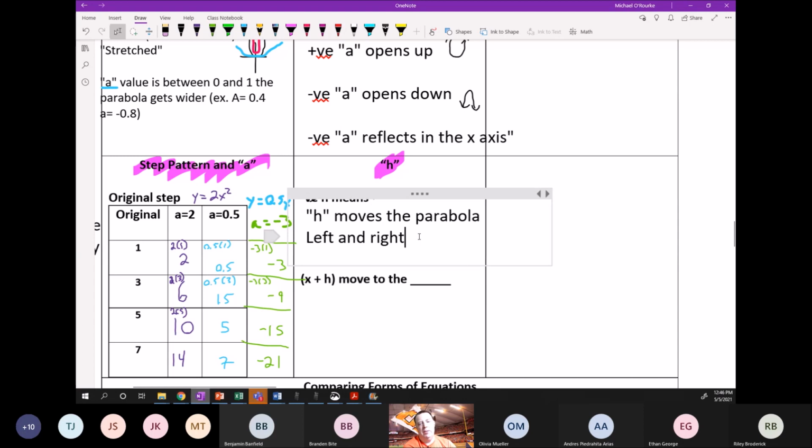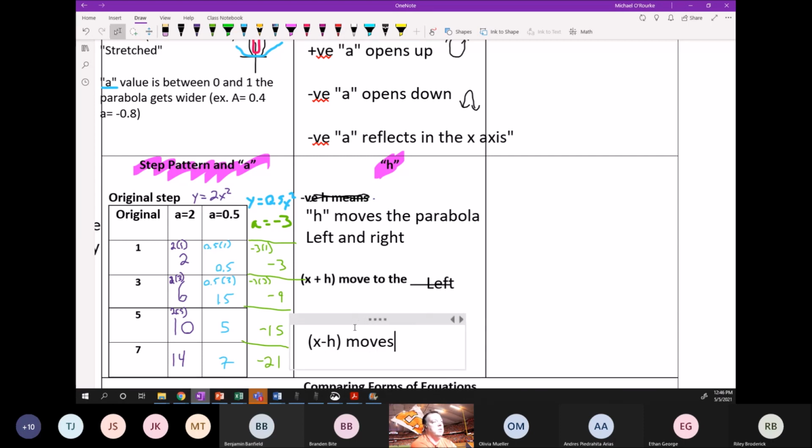Does that make sense, everyone? Then I would write x plus h moves it to the left. Then I write down here, if it's x minus h, it moves to the right.